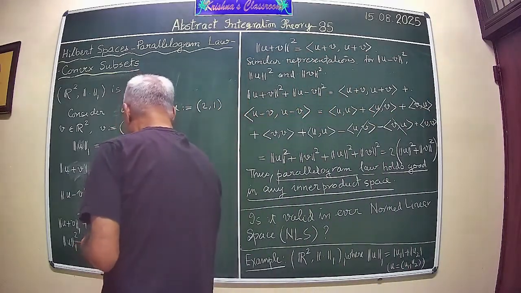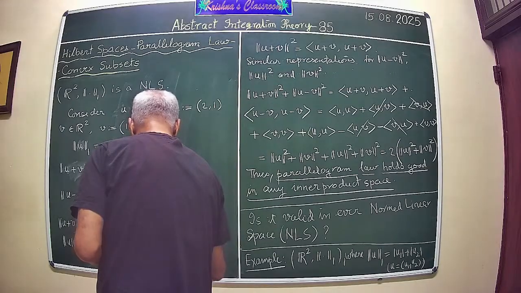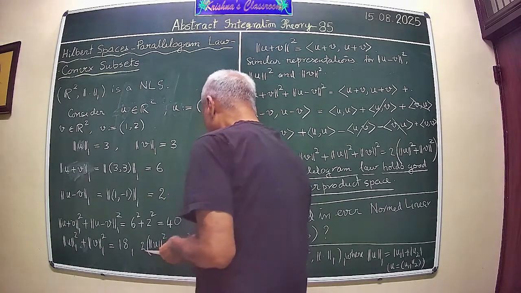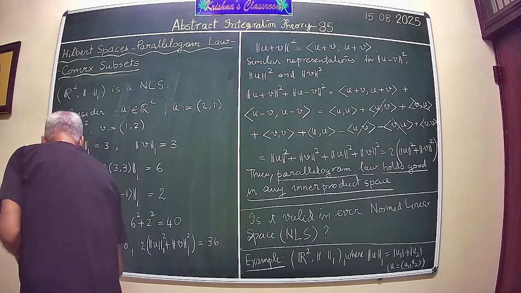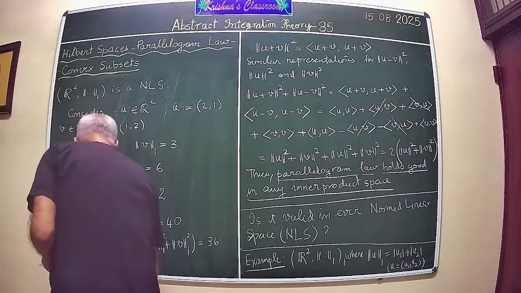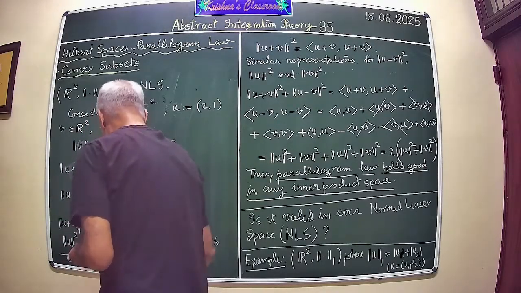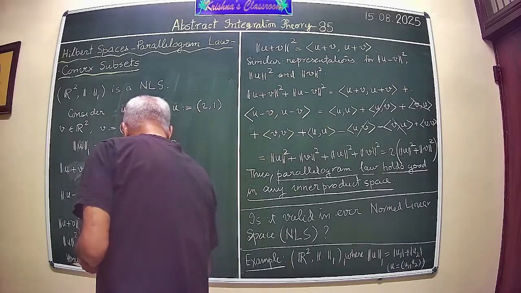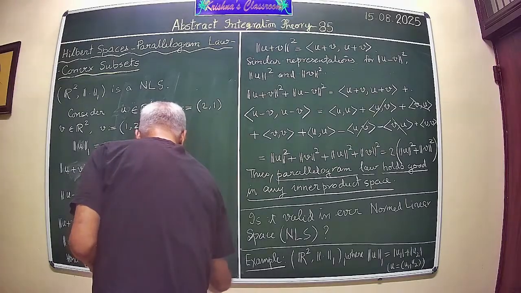Now twice norm of u square plus norm of v square, this is equal to 36. And 40 is not equal to 36.